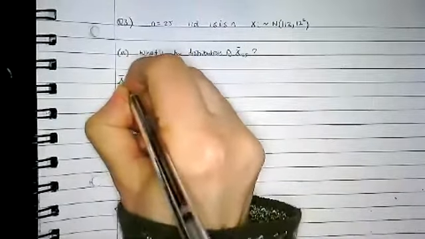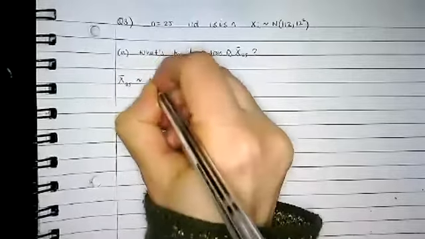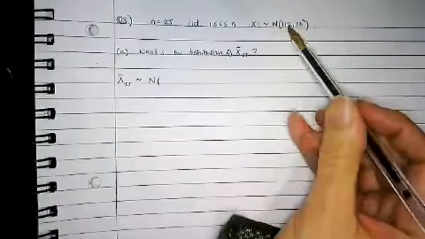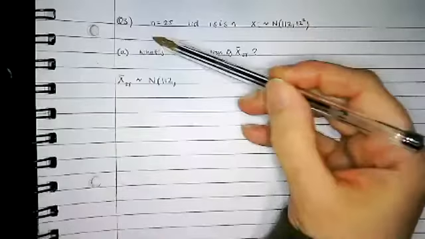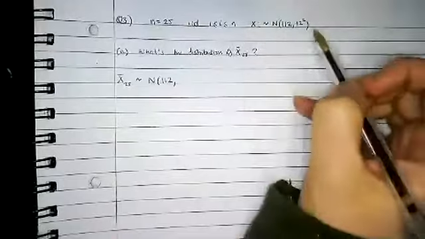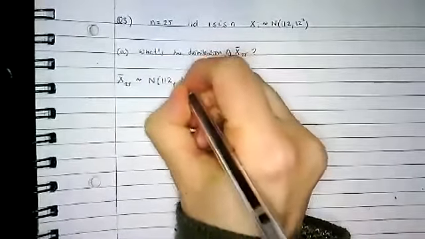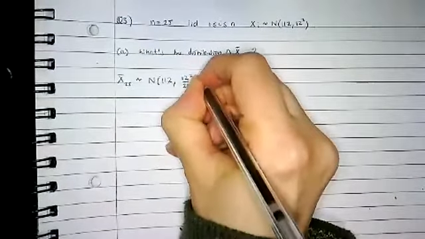So x bar 25 is going to be normally distributed, and the mean is the same as the mean of the xi's, so the mean should be 112. And the variance needs to be scaled by the number of elements in the sample, the 25 that I've chosen. So I'm going to have 12 squared divided by 25 as the variance.